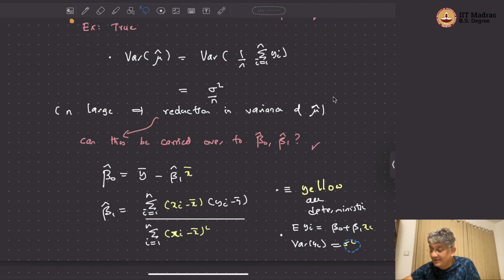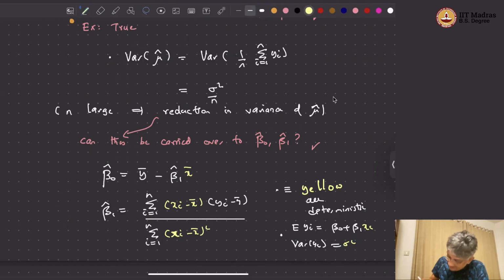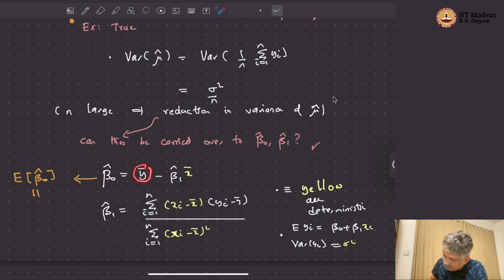That's the idea. One simple calculation is to look at the mean of beta naught hat. From this simple exercise, one can check that the mean of beta naught hat, like before, is the mean of this guy, which is just beta naught plus beta 1 x.